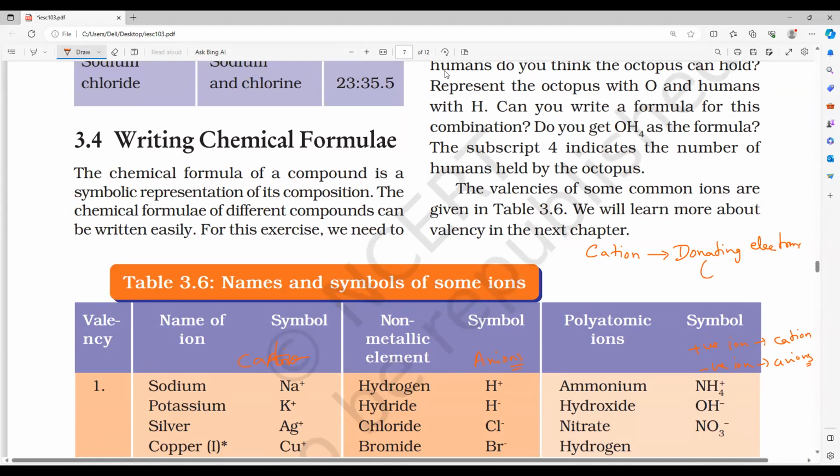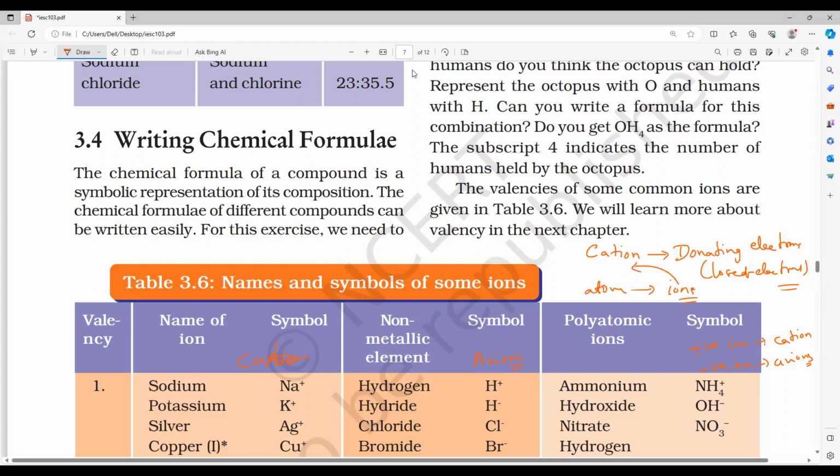Donating electrons means loss of electrons. So when electrons are lost, the atom turns into an ion. That ion is called a cation.